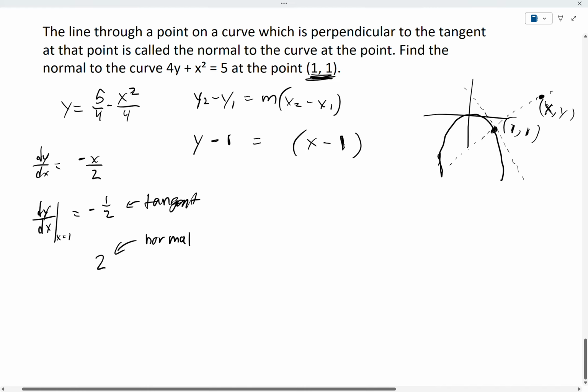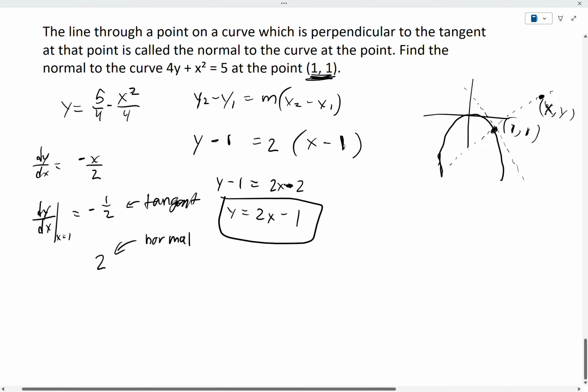So I'm plugging in a 1 and a 1 right there. And the slope, as we said, was 2. All that's left is to solve for y and maybe put it in y = mx + b form, just simplify it a little bit. So y - 1 = 2x - 2. Now I'm going to add 1 to each side, so I get y = 2x - 1.